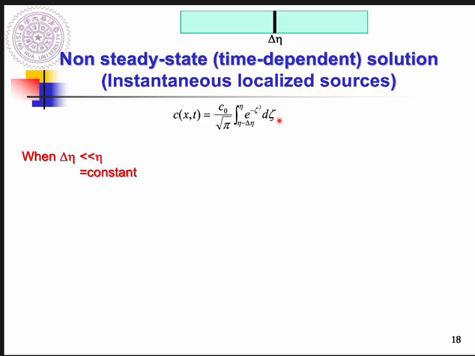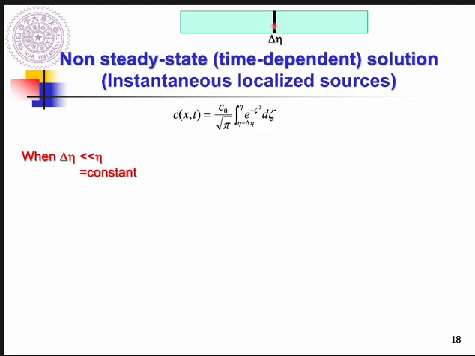Actually, it integrates over the thickness of the diffusion source, delta iota thick. If we have a limited diffusion source, which means you can consider delta iota quite thin.